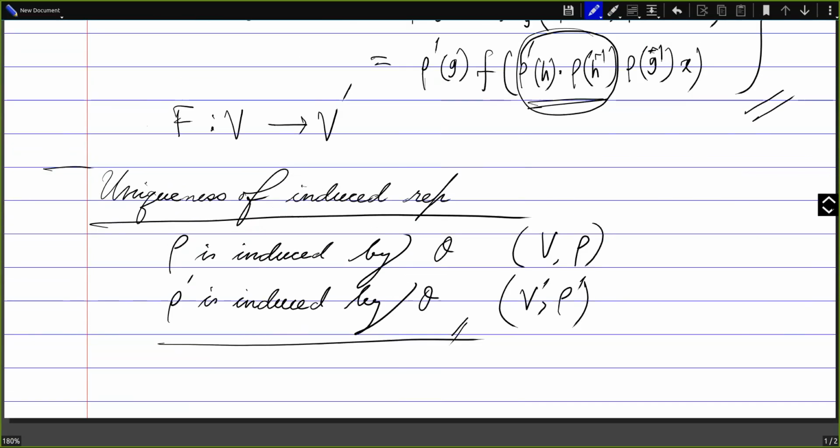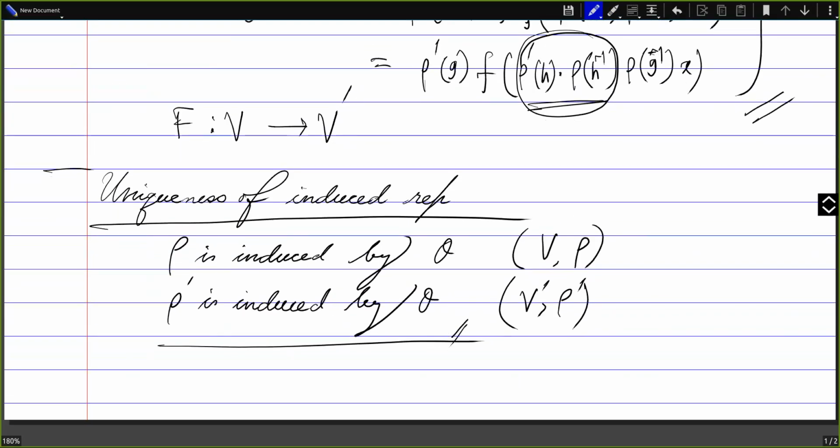So again, let me repeat the proof. Suppose I have two representations which are induced by a given representation theta.